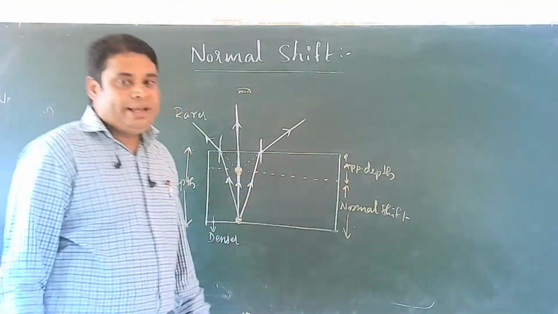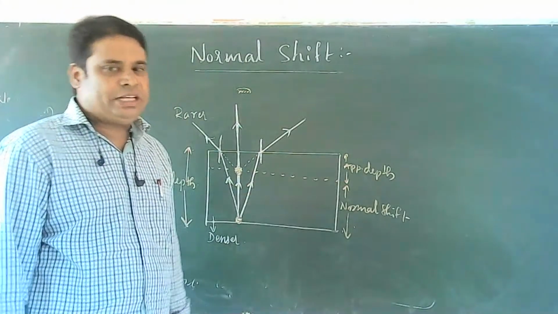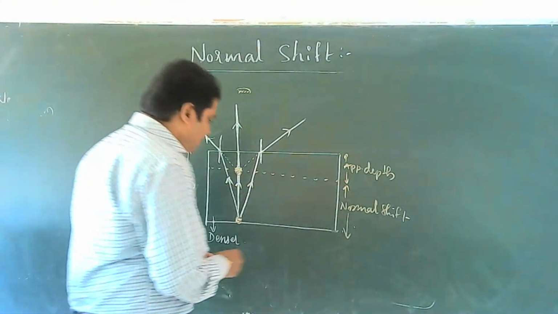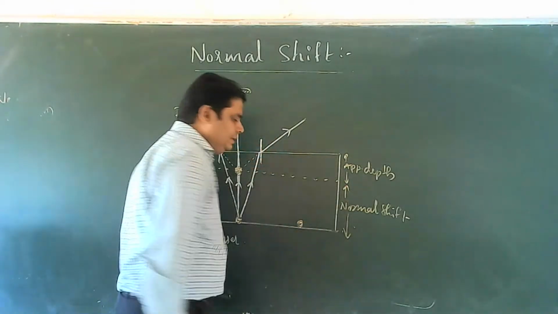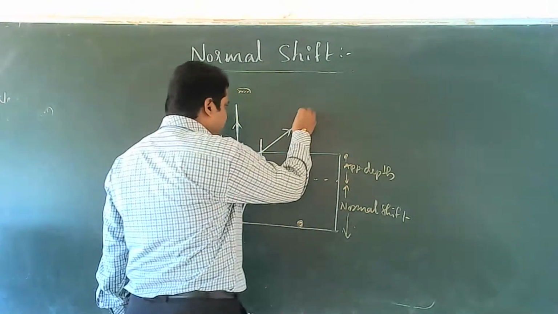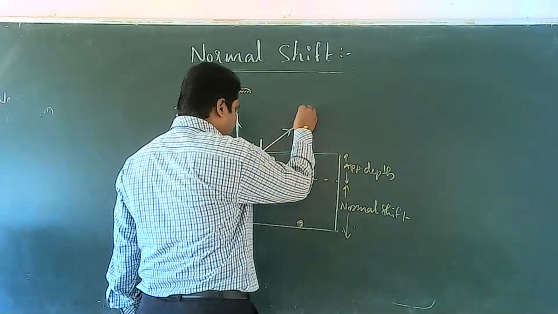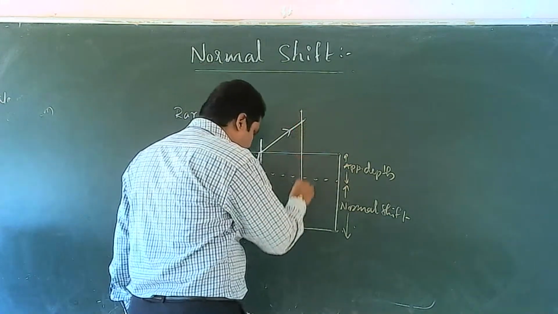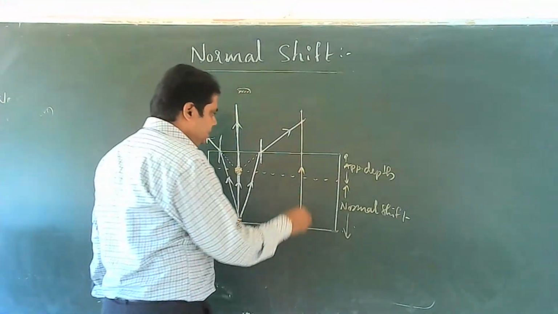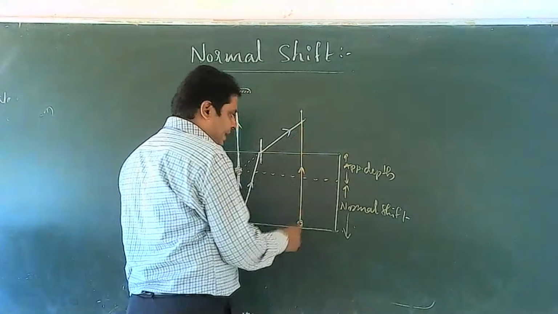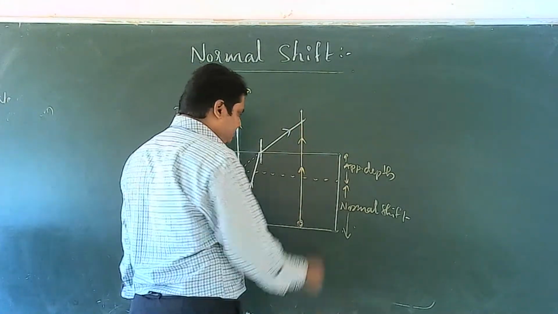We can explain for oblique incidence also. Oblique incidence will explain more. Okay, let me consider an object here. Let this be the normal, I mean, a ray passing through the normal.